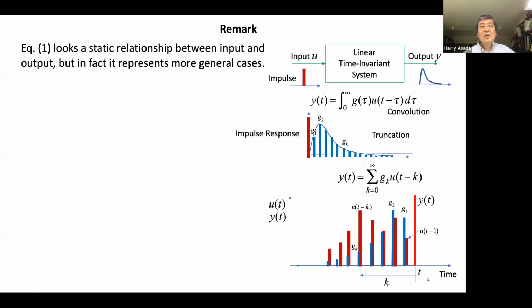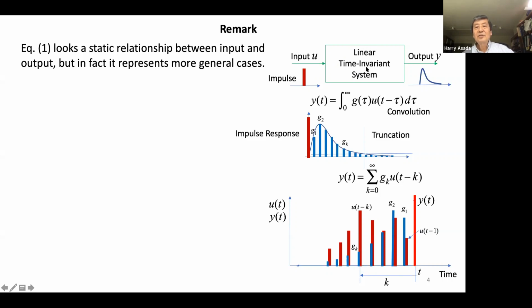Now, that particular equation on the linear regression sounds like a very specific, narrow model, and it sounds like a static relationship. But in fact, it can represent a dynamic case too. So think about a simple linear time invariant system.